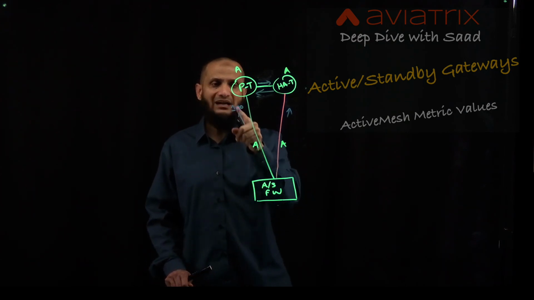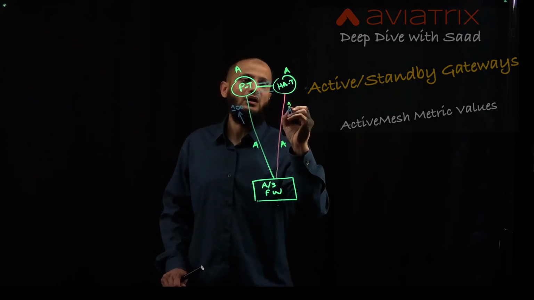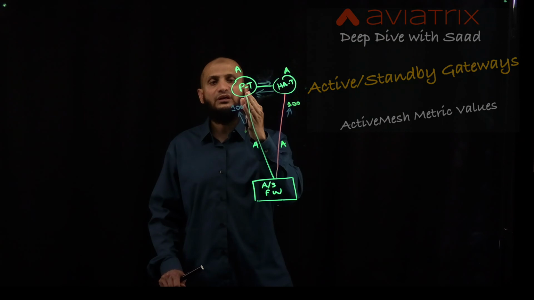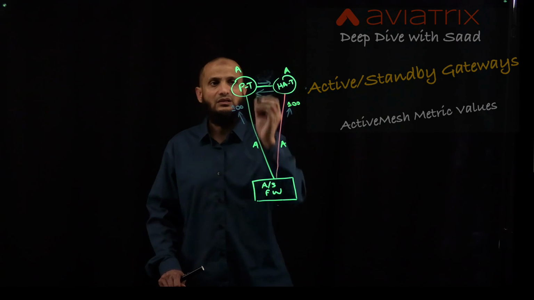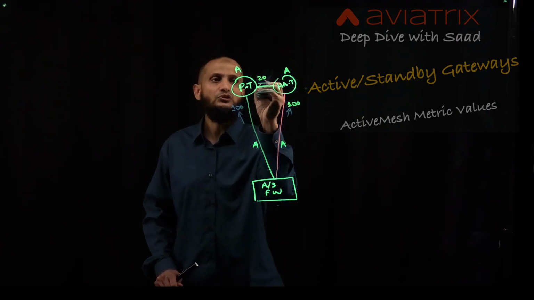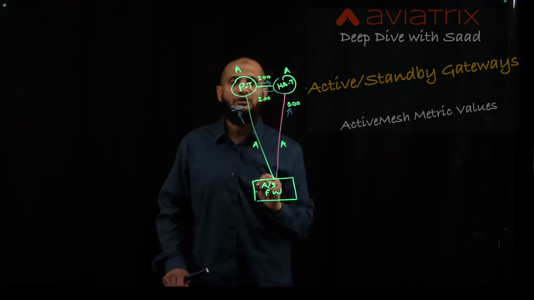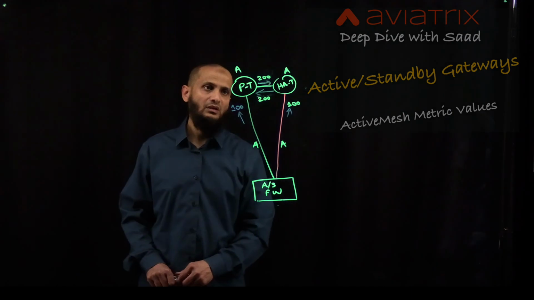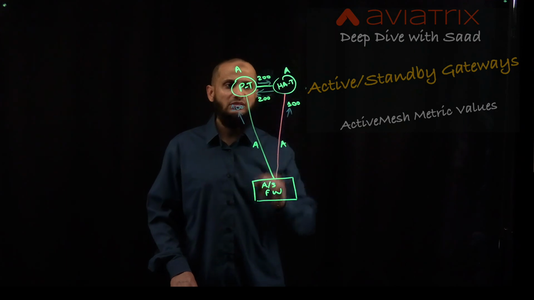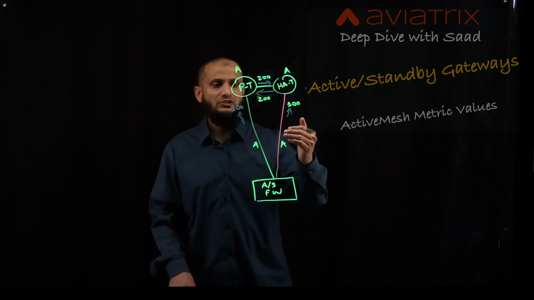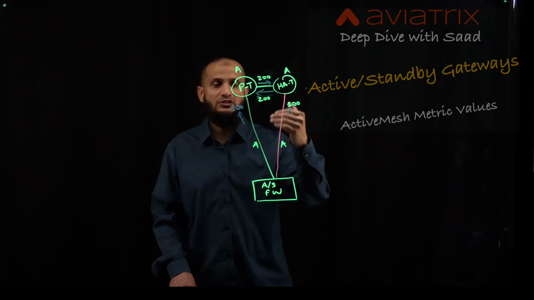So our metric towards the primary and then the HA gateway is going to be the same, which is 100 on both sides. And primary is going to advertise these routes, which are received from the on-prem device, with a metric of 200 towards the HA, and HA is going to do the same thing, using the metric of 200 towards the primary gateway. So once you enable active standby on ActiveMesh gateways, the metric is going to change from, let's say, 200 before, to 100.